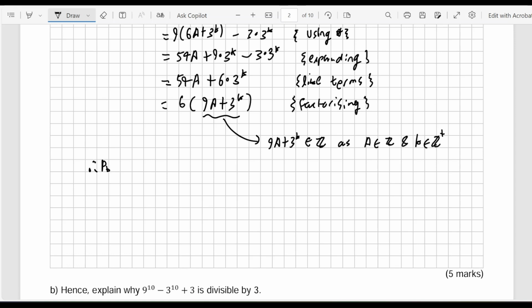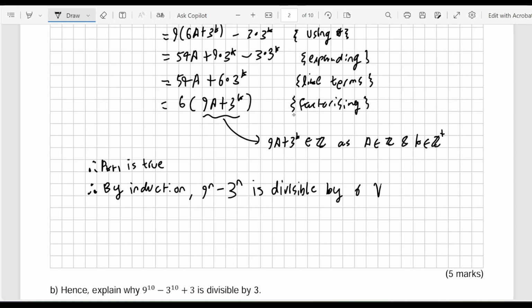Therefore, Pk plus 1 is true. And therefore, by induction, 9 to the n take 3 to the n is divisible by 6 for all n in Z plus.